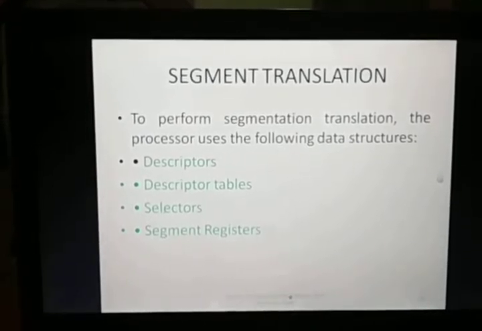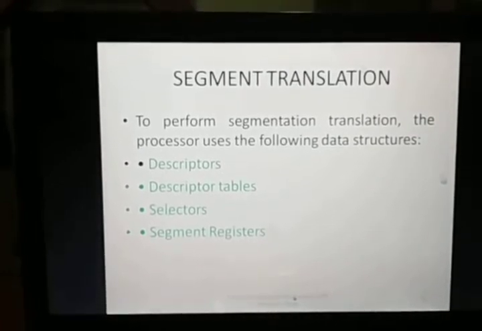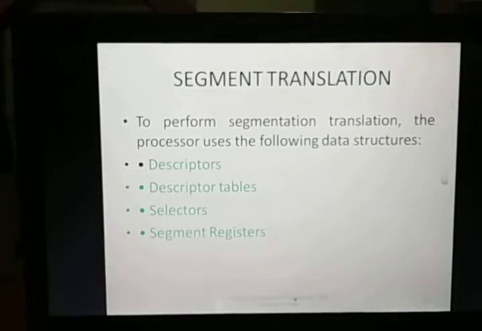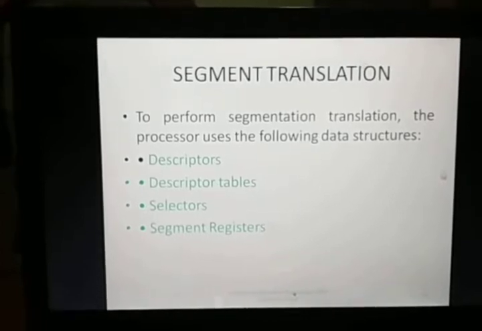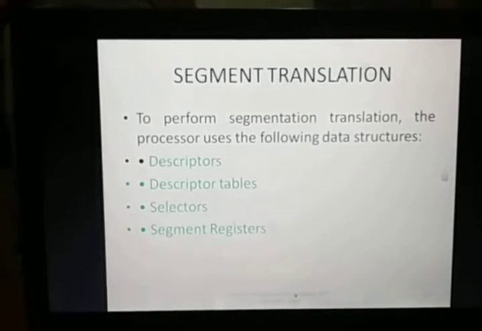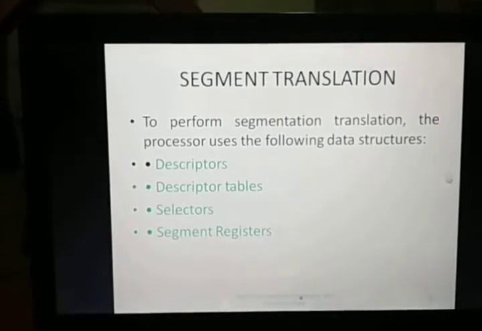That's why we can find the segment descriptor in the descriptor table by using the selector part, and this is the visible portion for the programmer. The offset part is not the visible portion for the programmer; when you divide the logical address into two parts, the selector field is viewable by the programmer.